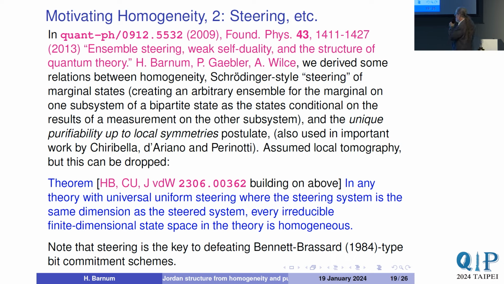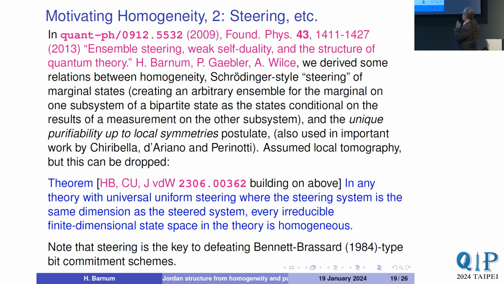You can see that's related to automorphisms because you've got a map induced by the conditioning map between effects on one side, measurement outcomes on one side, and the conditional state on the other. And if that is an automorphism, that allows you to take POVMs to ensembles bijectively. So that's roughly how that works.